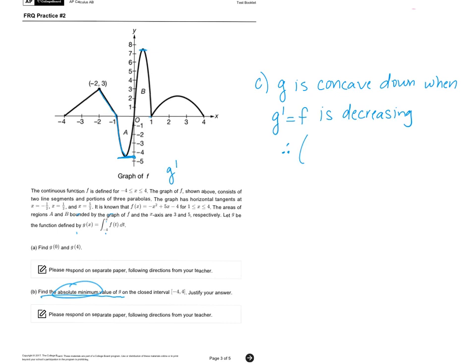That's why they told you where those horizontal tangents are, because I got to know the x value at that point right there. So decreasing from -2 to -1/2. It's also decreasing from 1/2 to 1. And it's also, that's why they told you that one was there, from 5/2 to 4.